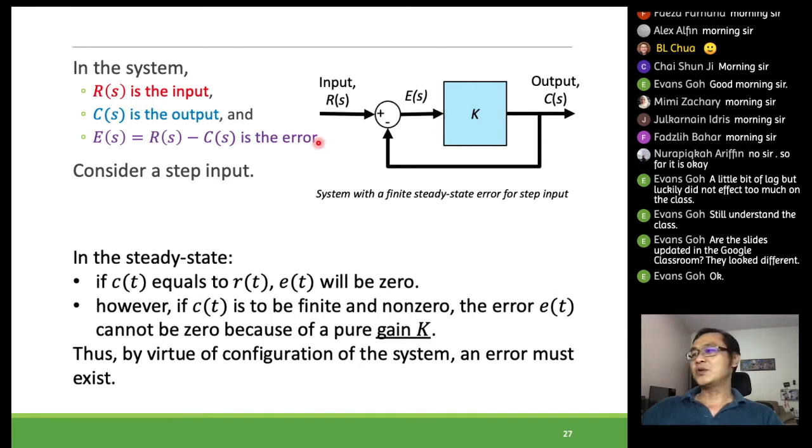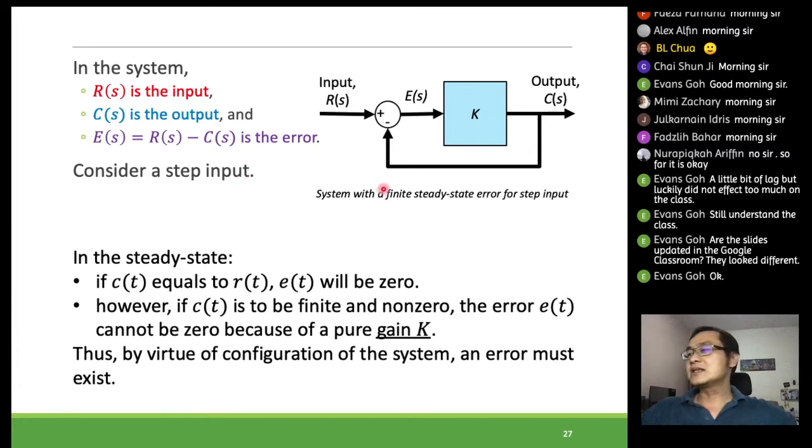It's very straightforward. However, if the output and the input have a difference or a fixed value, then there will be a finite steady state error. Remember, when we give a step input, there are only two possible outcomes: either 0 steady state error or a finite steady state error, right?